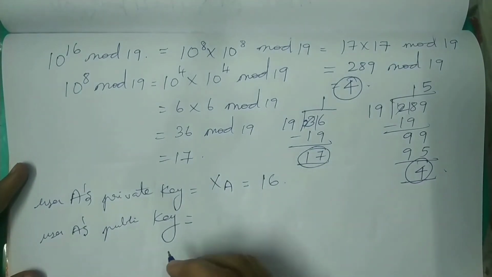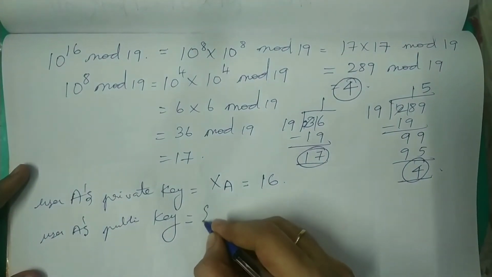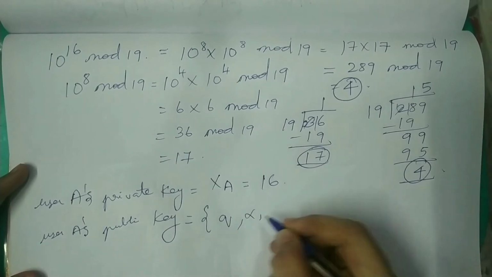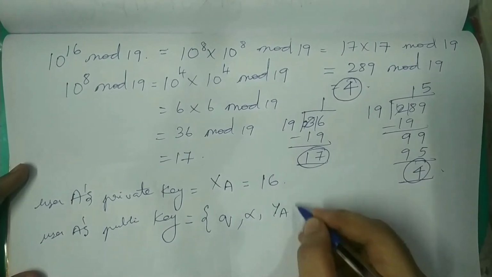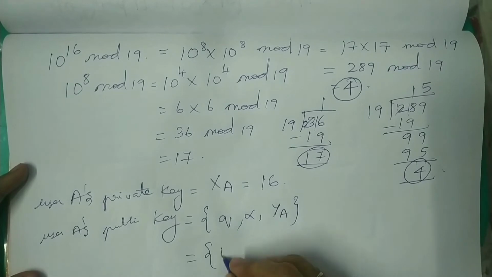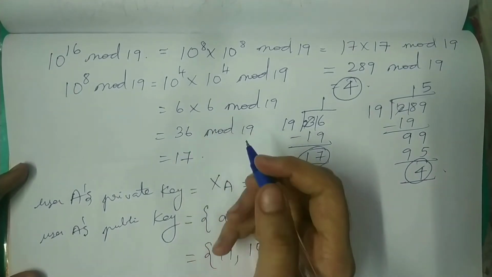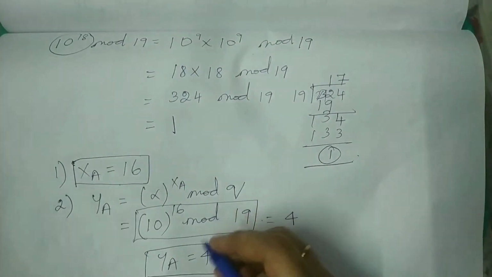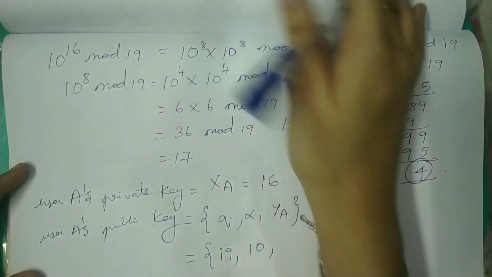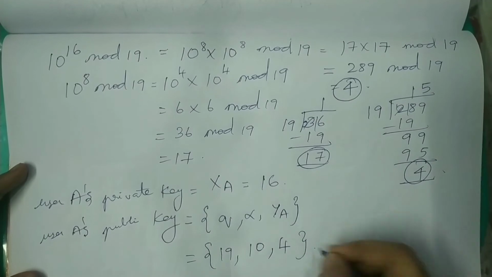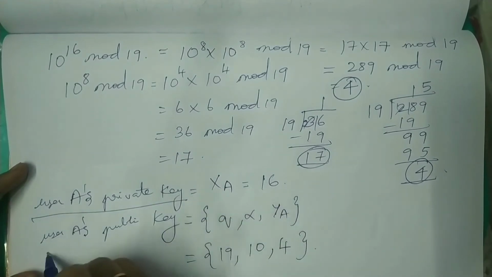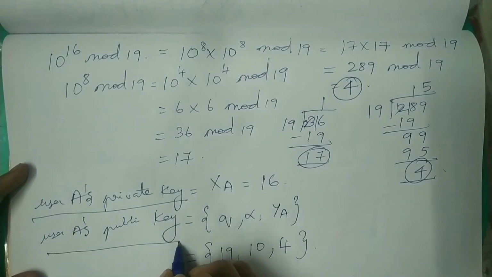Next it is the public key's value, which is Q, alpha, YA. The Q's value is 19, alpha's value is 10 and YA's value, we found it over here, which is 4. So this is user A's private key and this is user A's public key.